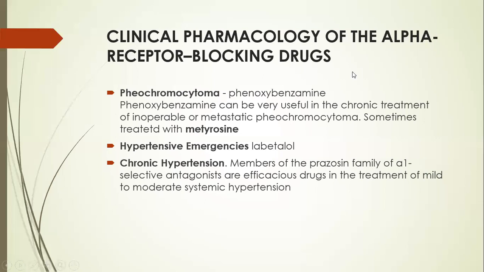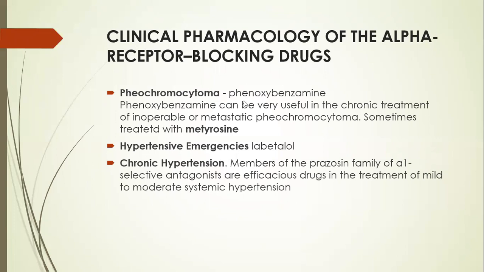Now, the clinical pharmacology of the alpha receptor blocking drugs: pheochromocytoma. There are many different substances used for the treatment of it, but the most effective one is phenoxybenzamine, and another is metyrosine. For hypertensive emergencies, labetalol is also used.